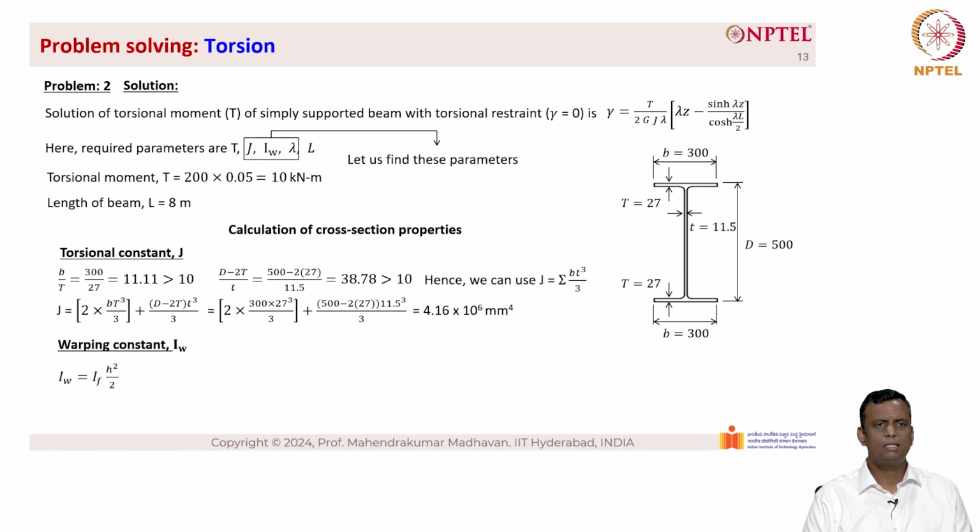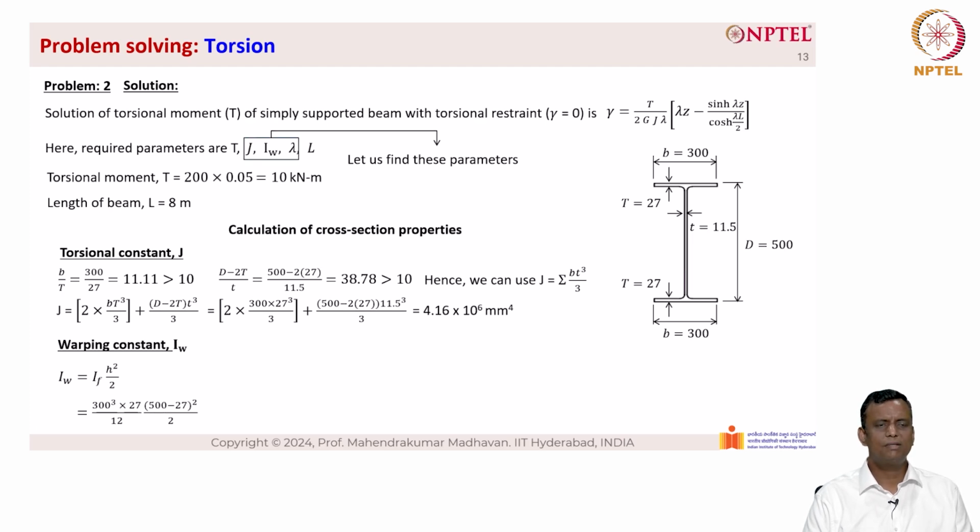The warping constant I sub W is calculated as I sub W equal to I sub F into h squared by 2. I sub F represents the flange bending in the minor axis, and h is the distance between the flanges, which is center to center between the top flange and the bottom flange. So the minor axis moment of inertia of one of the flanges is given as 27 into 300 cubed divided by 12, into (500 minus 27) the whole squared by 2.